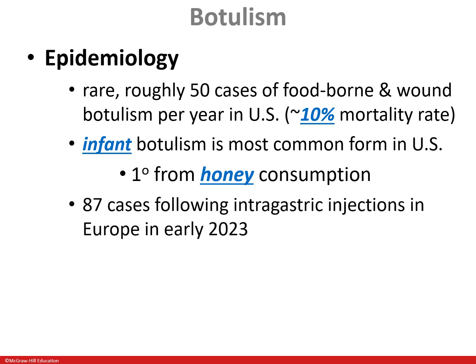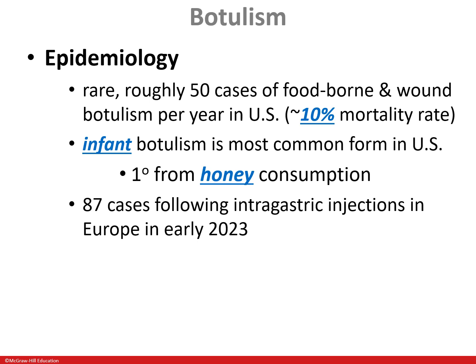In Europe, just this year, about 87 cases were documented after those intragastric injections for obesity treatments. So this is not a very commonly used treatment for obesity, and now we're seeing there that the risk-benefit may not be there.